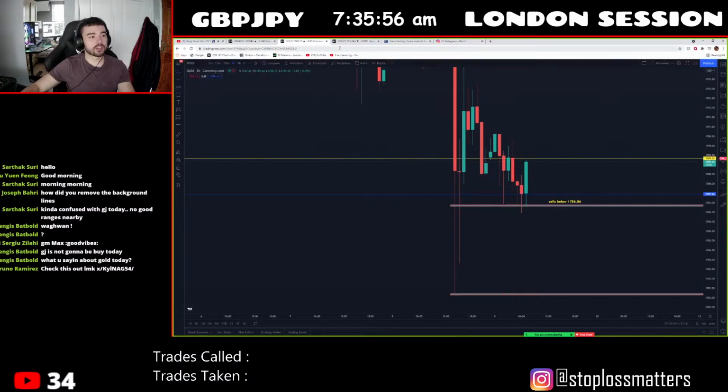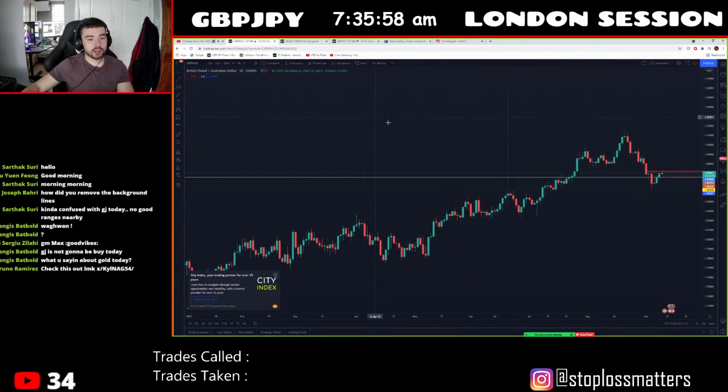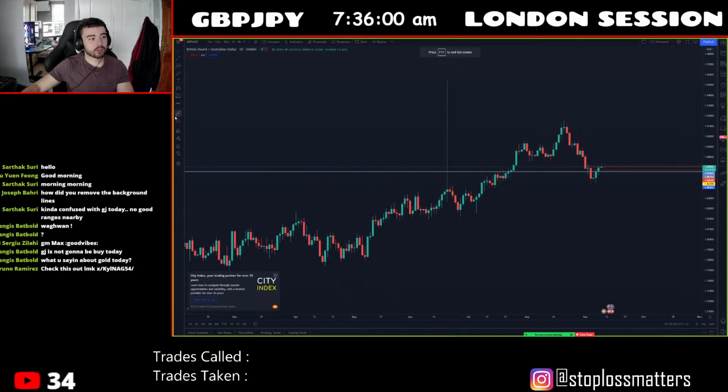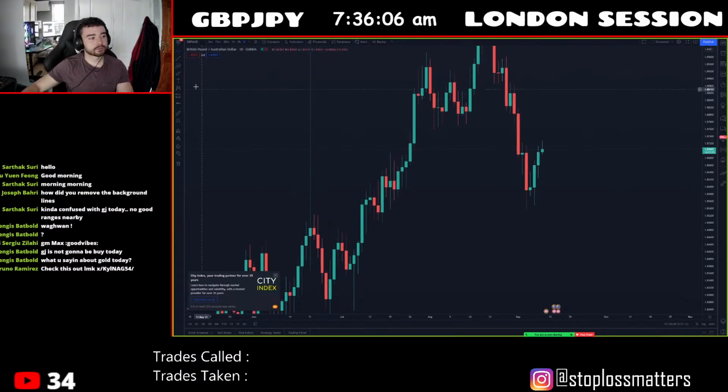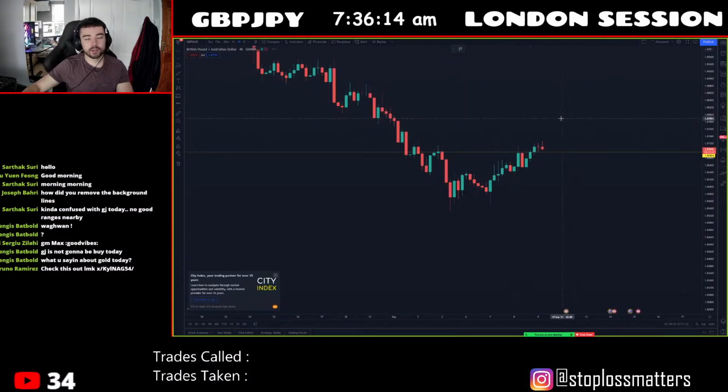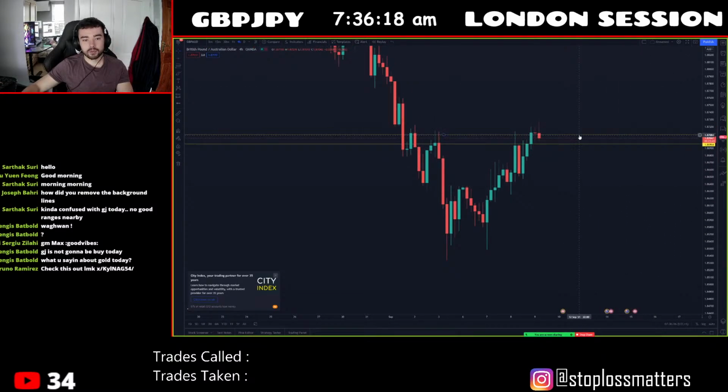So let's have a look at GBP AUD, because I am paper trading this at the moment. Wow, look at that spike! Holy shit. So this is the daily time frame over here. The daily is bullish, been making quite a lot of bullish progress over here. The 4 hour is bearish at this point.